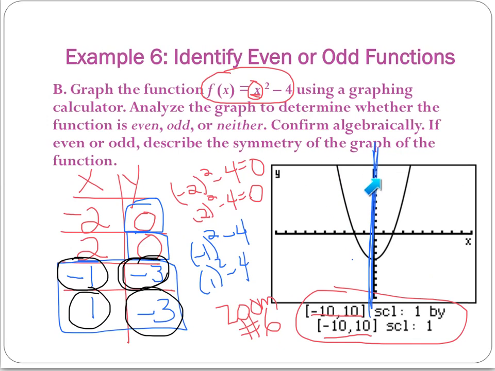So if I fold along this y-axis, or this blue line right here, this half of the graph would match up exactly with this half of the graph. So therefore we have y-axis symmetry, which makes the function an even function. Even functions have y-axis symmetry.